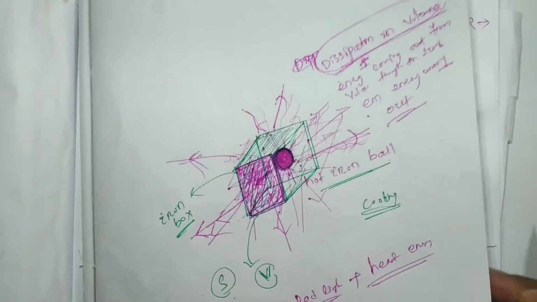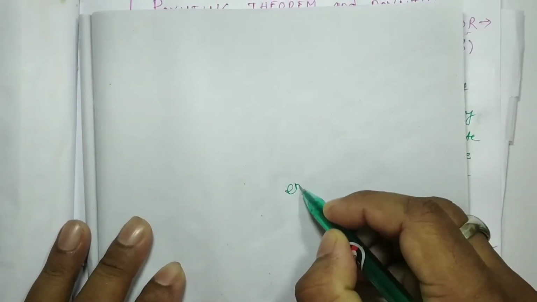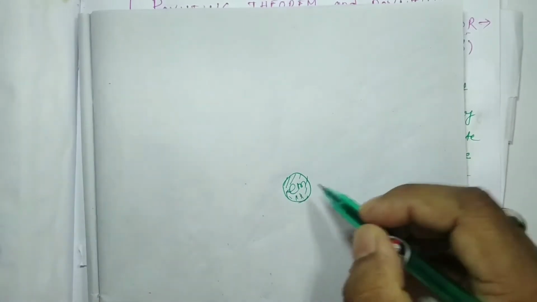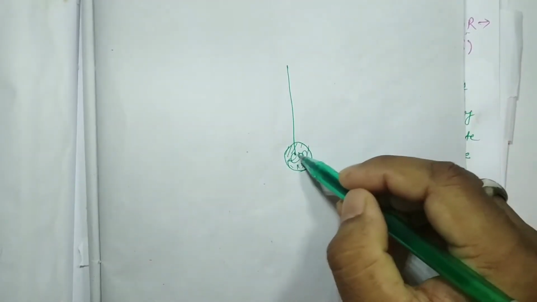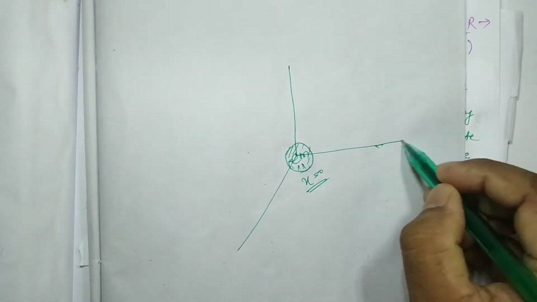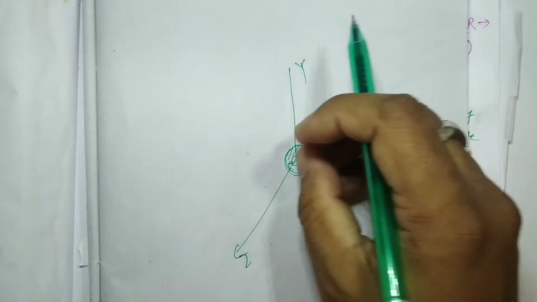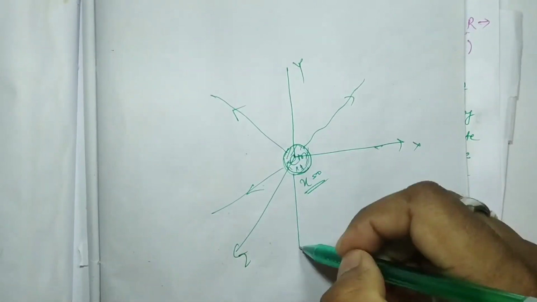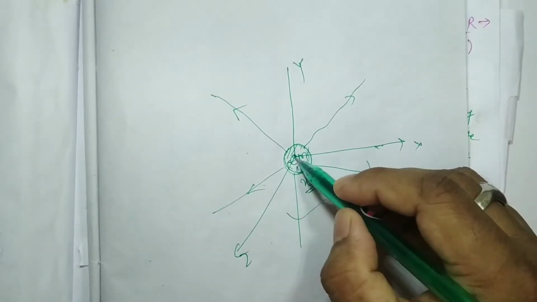Now actually suppose here electromagnetic energy is present and it is coming out from this point. Suppose this is your point, x equal to 0, and these are the x, y and z axes. From here electromagnetic energy is radiating and moving this side, moving out from the point x equal to 0.